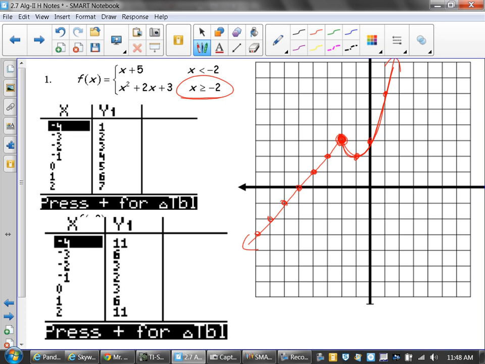If it's less than -2, it's linear. That's all it's saying. And it's okay that the graphs happen to overlap like that. There is nothing wrong with that. You can't draw an open and a closed dot at the same time. You just make it a closed dot, and then you fall back upon your domain-specific area. Okay? Does that make sense?